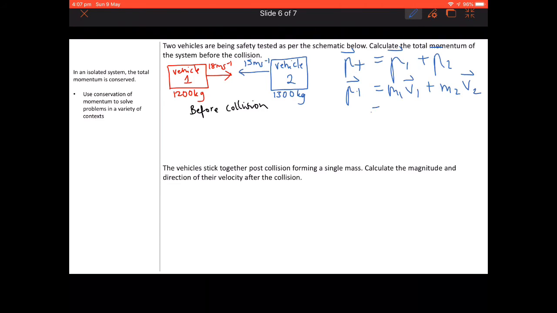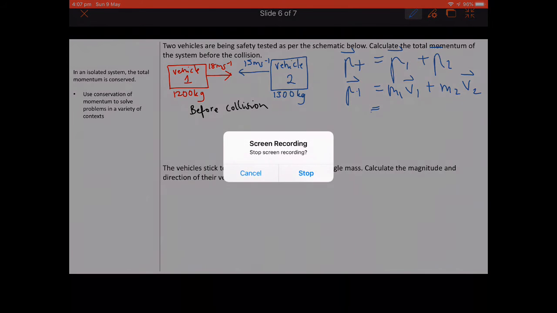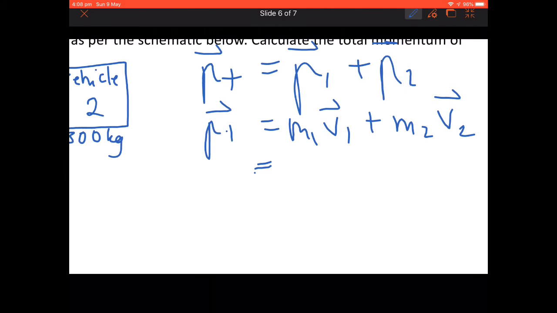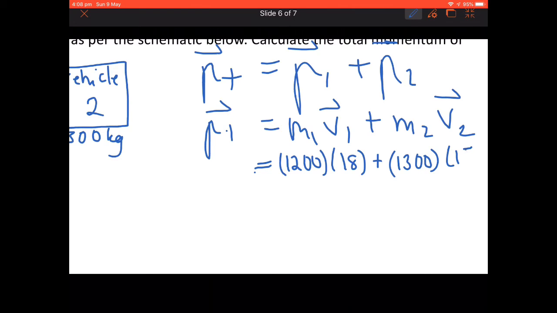So that will be, I might zoom in for this, 1200 by 18, which is the 18 metres per second, and then 1300 by 15.